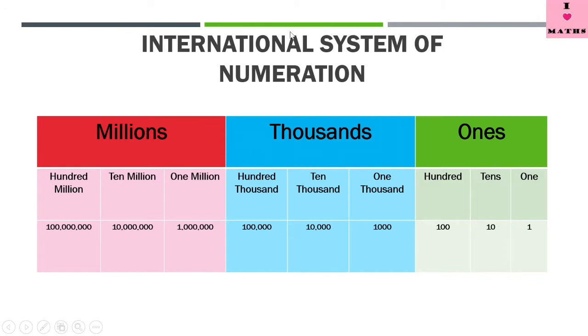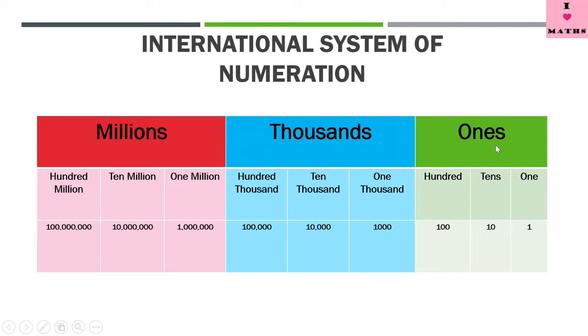Let us learn the international system of numeration with the help of this table. In the international system, we use thousands and millions. The first period, however, is the same in both the international as well as the Indian system, which is the ones period.